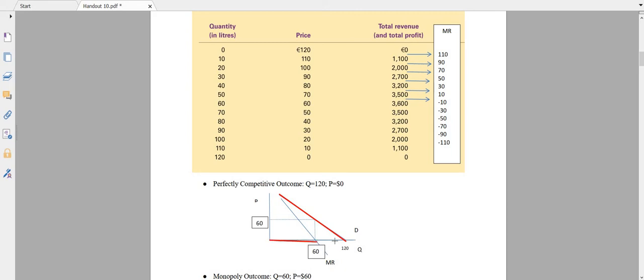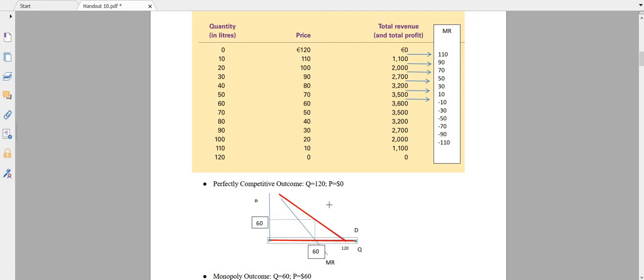In the question, we already know that MC is equal to 0. So the MC is going to coincide with this horizontal axis. If this was a perfectly competitive market, which obviously it's not, but we're just posing a hypothetical question, what would have been the production level and the price level in this market?